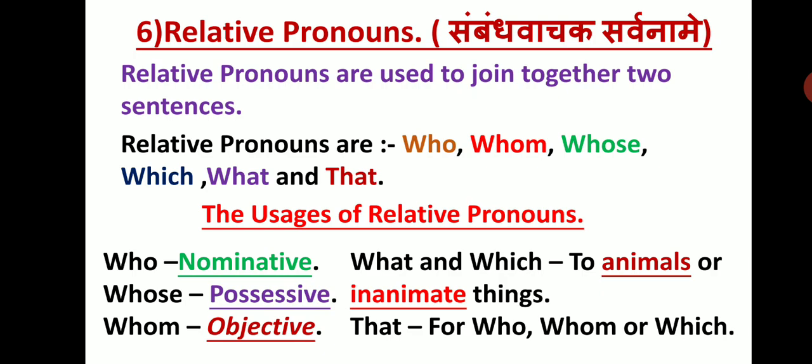Relative pronouns are used to join together two sentences. Now see the words which are called relative pronouns: who, whom, whose, which, what, and that. These are several relative pronouns. Now see the uses of relative pronouns. Who is used as a nominative case in the sentence.